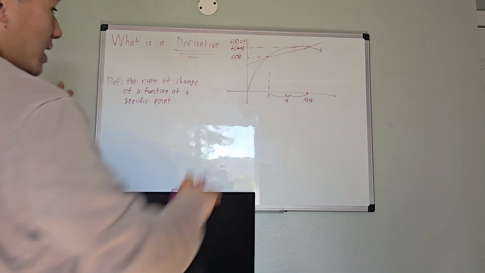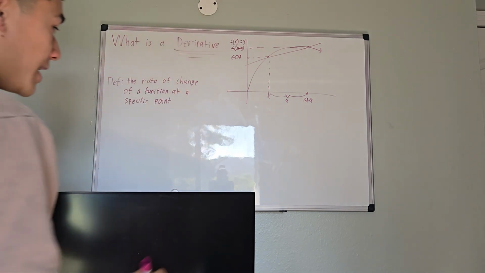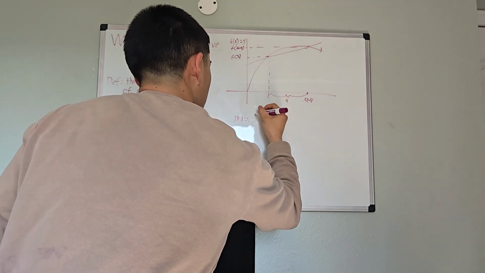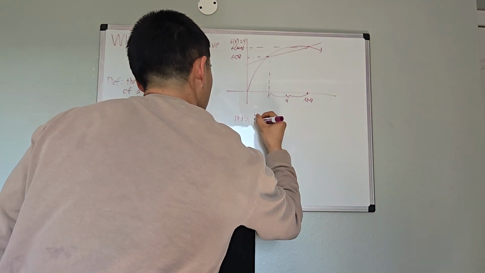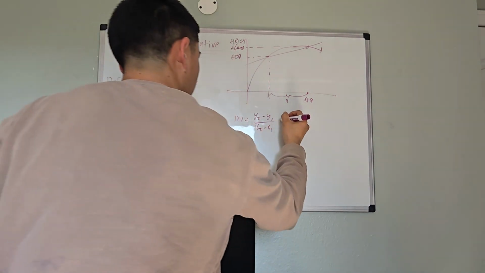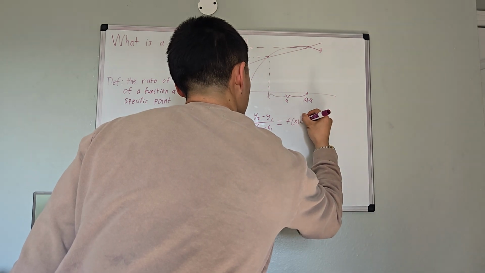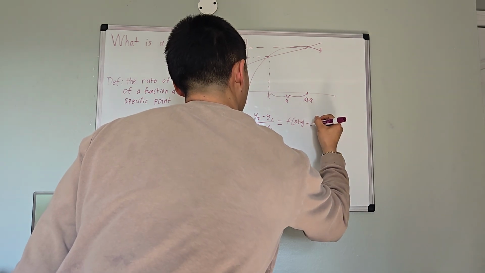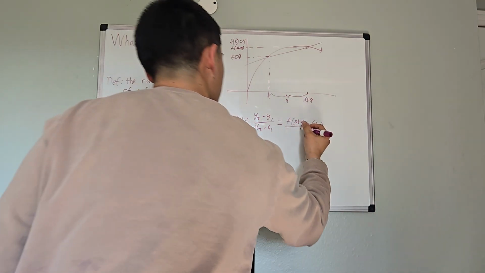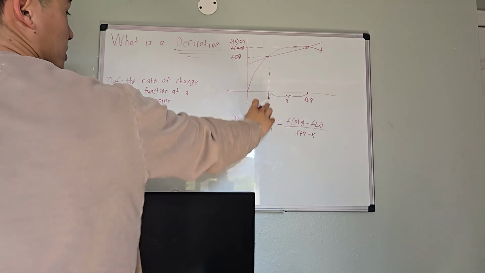if you made a straight line through there and then took the slope of that line, which would be m equals y2 minus y1 over x2 minus x1. In this case, that'll be f of x plus a minus f of x, over x2, which is x plus a, minus x1, which is just x.